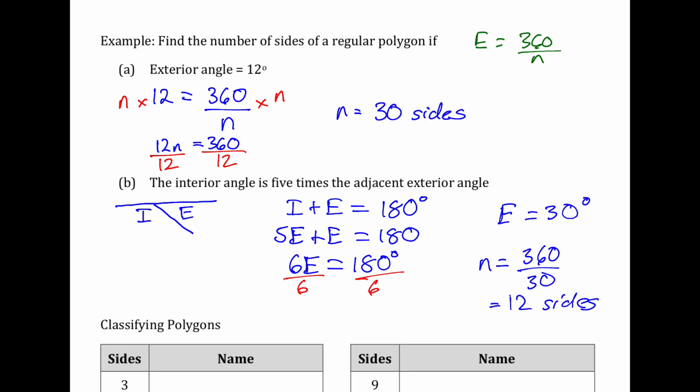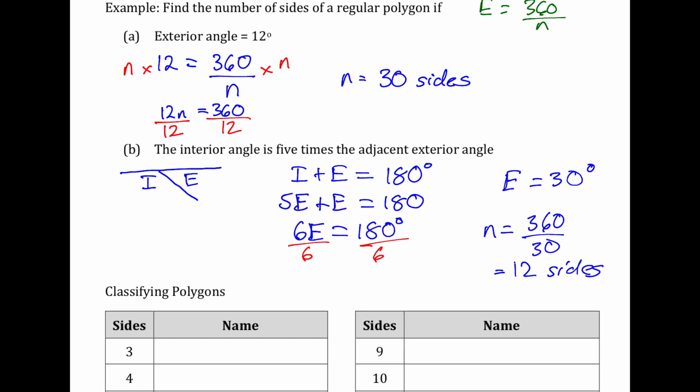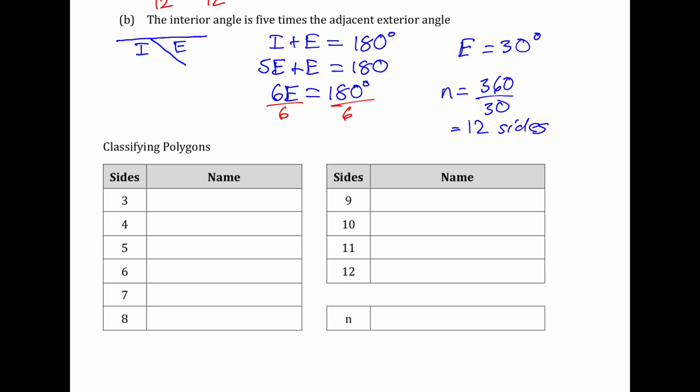All right. Last one. Let's see if we can remember all of our fancy names for all of these things. 3-sided shape, a triangle. Very good. 4-sided shape, quadrilateral.